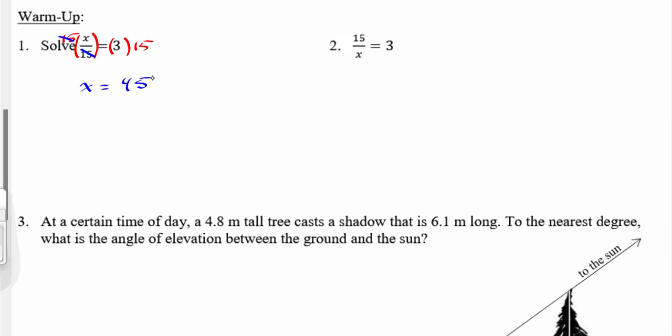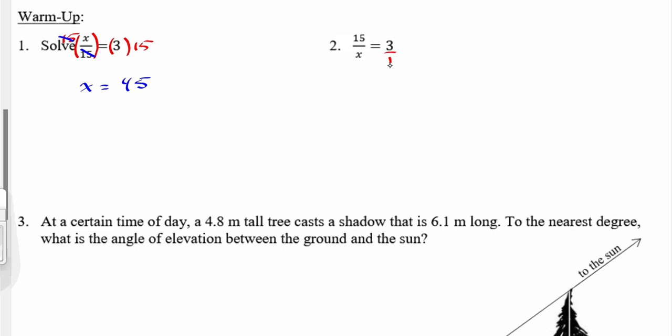Number 2, what do I do? I could multiply both sides by x, so that's one option. What's another option that we did? Yeah, I could flip both sides. So let me do that just as a reminder.